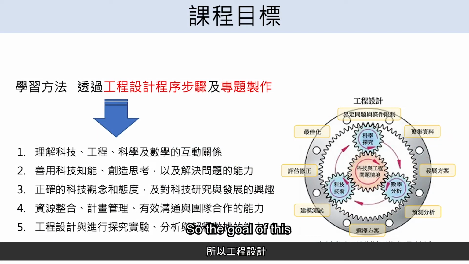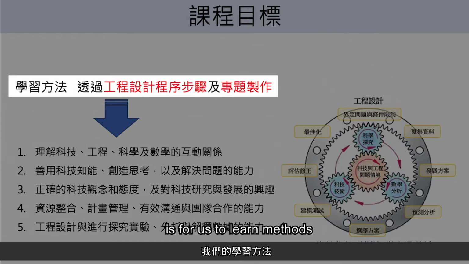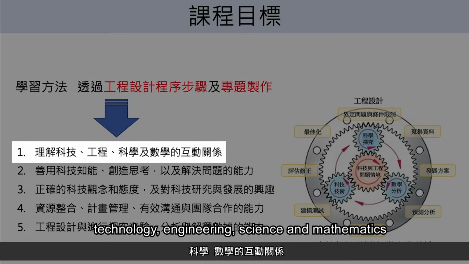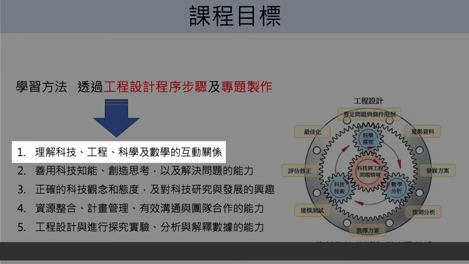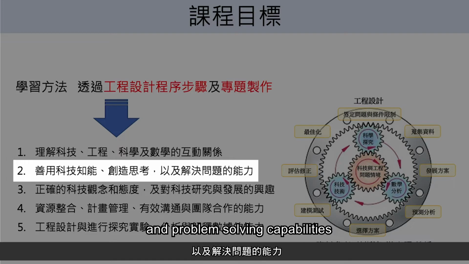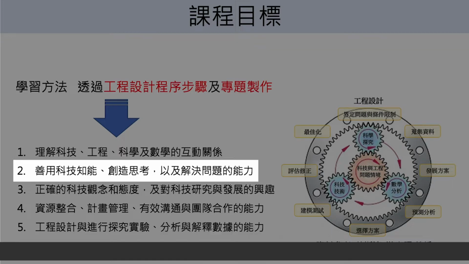So the goal of this engineering design course is for us to learn methods through engineering design process steps, and with design project activities, learn and understand the interaction between technology, engineering, science, and mathematics. Make good use of technological knowledge, creative thinking, and problem-solving capabilities.